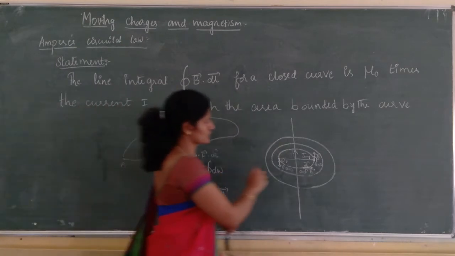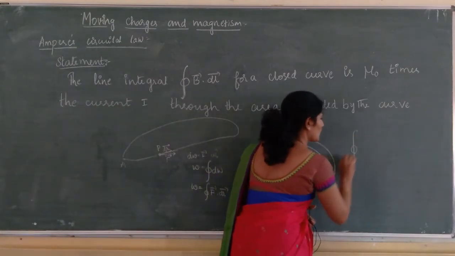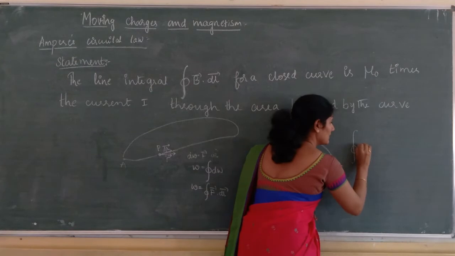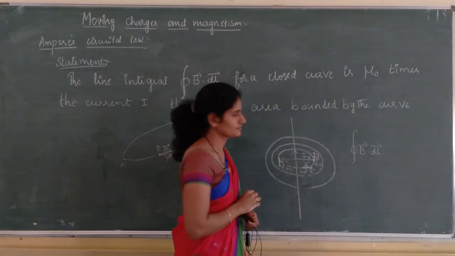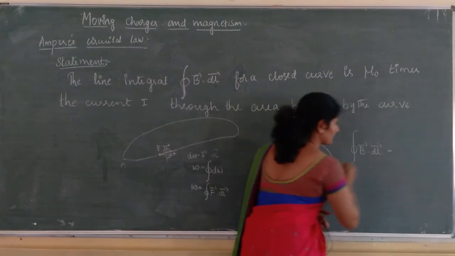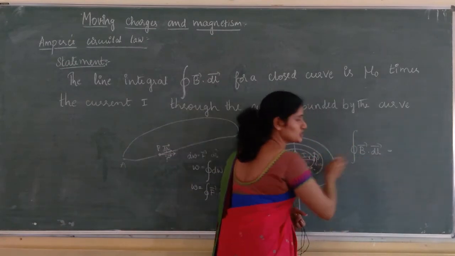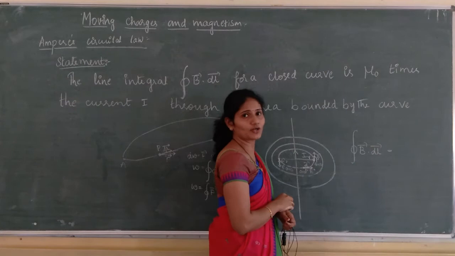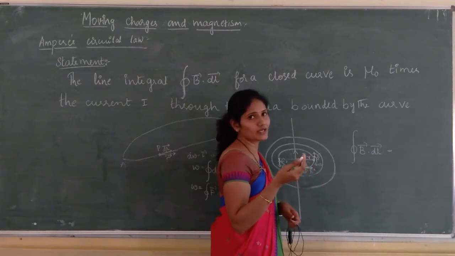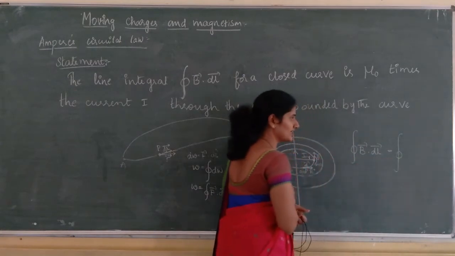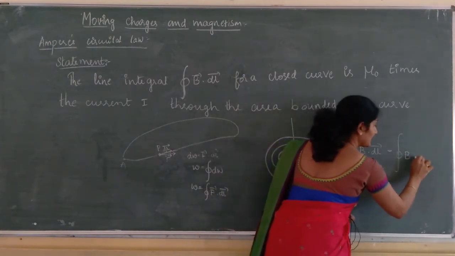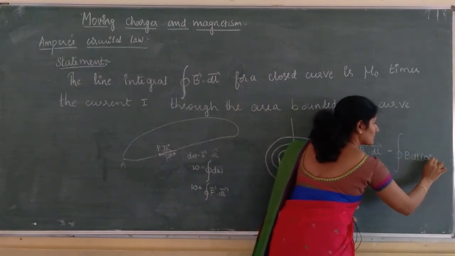So, from this expression, the closed line integral of B vector dot dl vector. The dot product between two vectors, A vector dot B vector, is equal to AB cos theta. Here we get B vector dot dl vector, that is B dl cos theta.